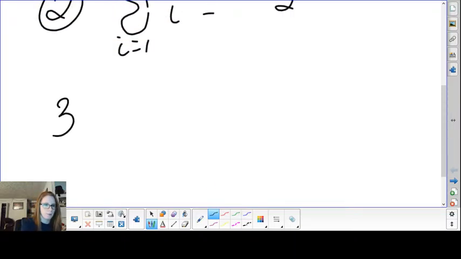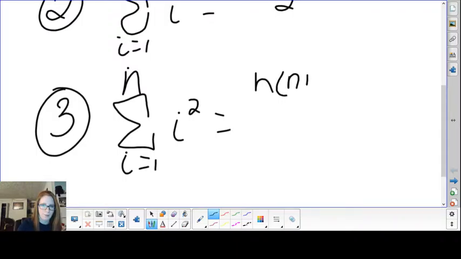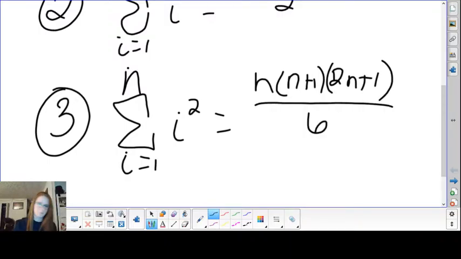My third one is the summation from i equals 1 to n of i squared, which is n times n plus 1 times 2n plus 1, divided by 6.